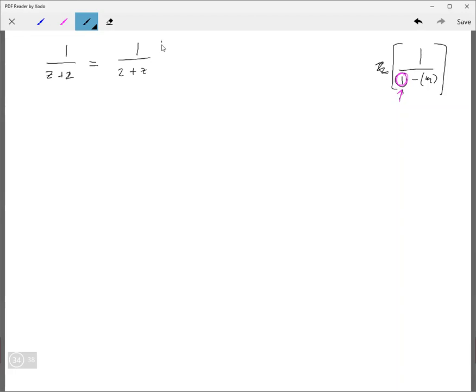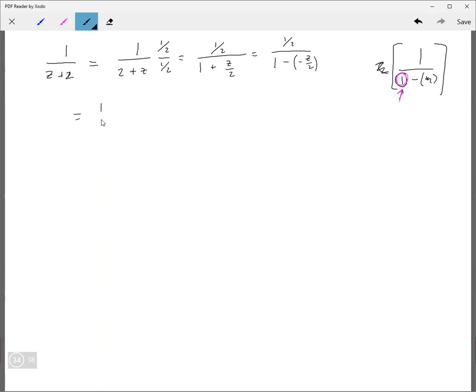So if we divide the numerator and denominator by 2, then you'll have a 1/2 in the numerator and a 1 plus z over 2 in the denominator. That's going to be 1/2 over 1 minus, you make it a minus, negative z over 2.